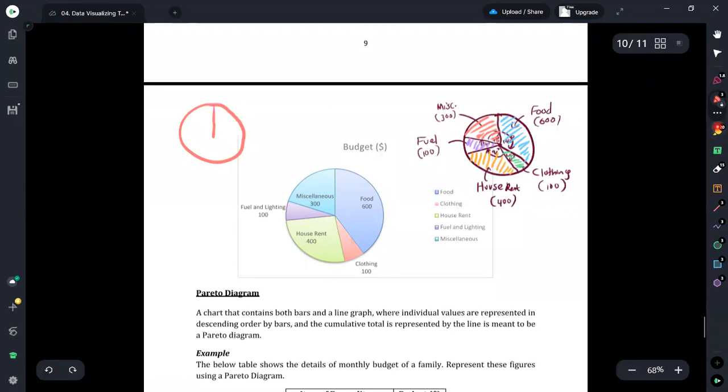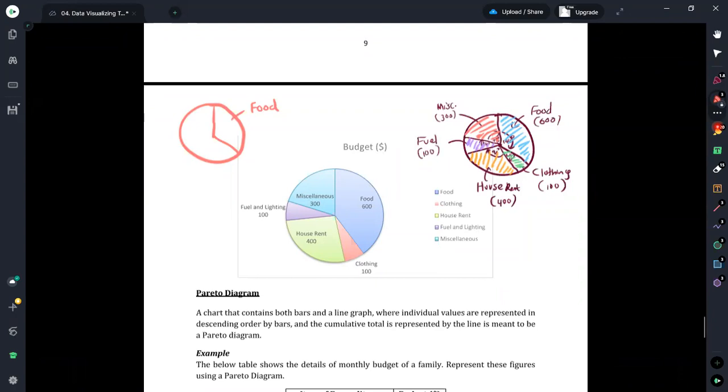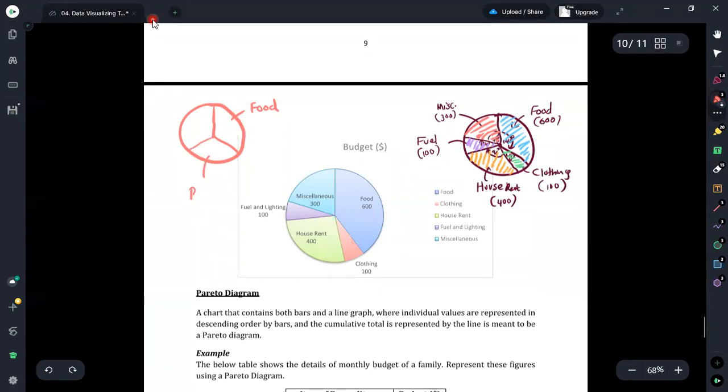Then the majority is for food, it is 144. Therefore it is food. And the next highest angle is for house rent. Therefore they will have this 96. It is somewhat here. Then this is the house rent.